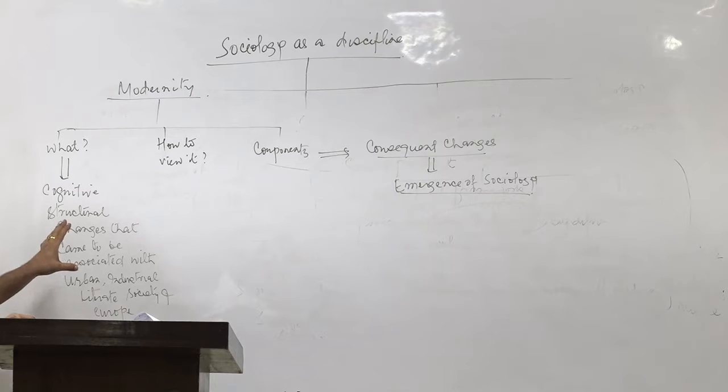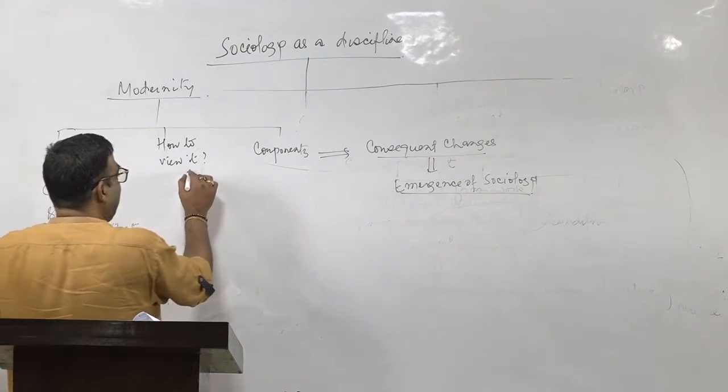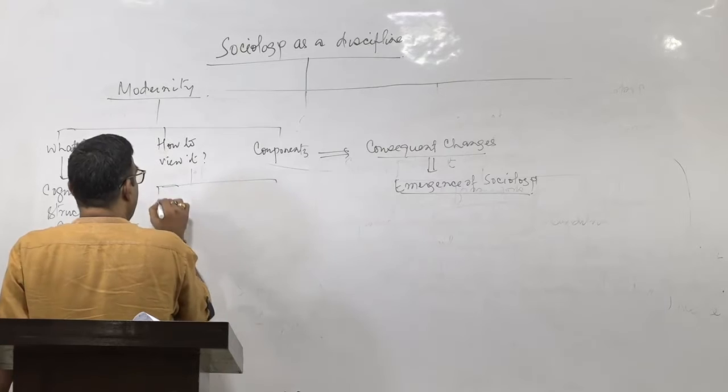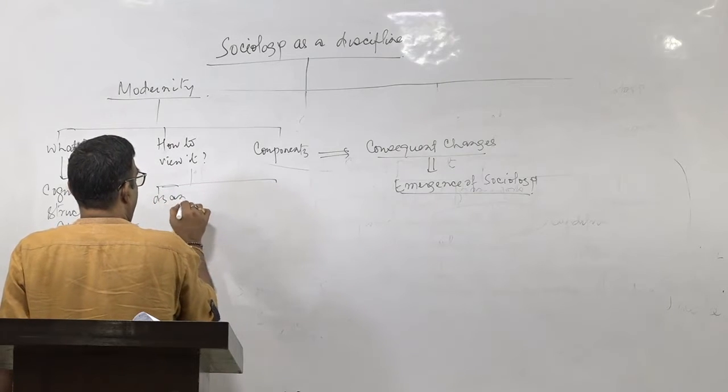And once it started emerging, bringing about cognitive structural and institutional changes in a society, then how to view it? So the first view is that modernity is an idea.